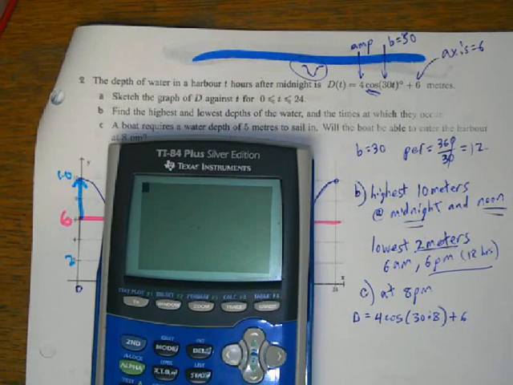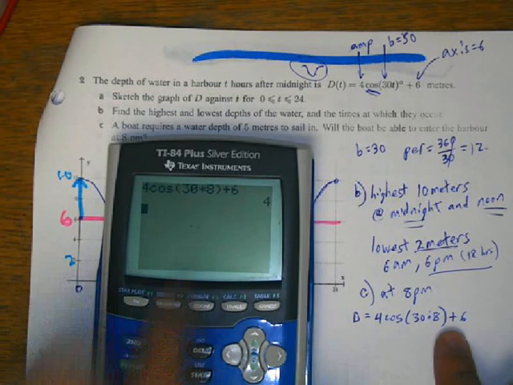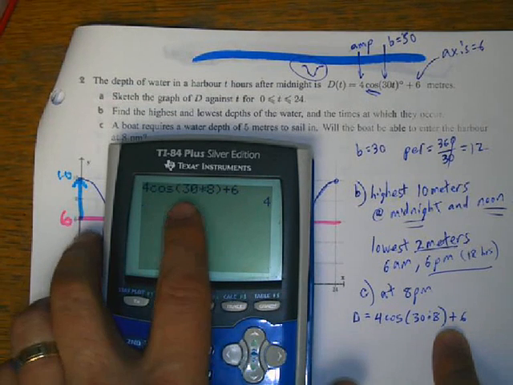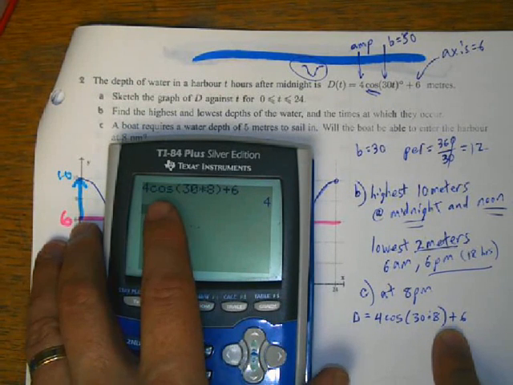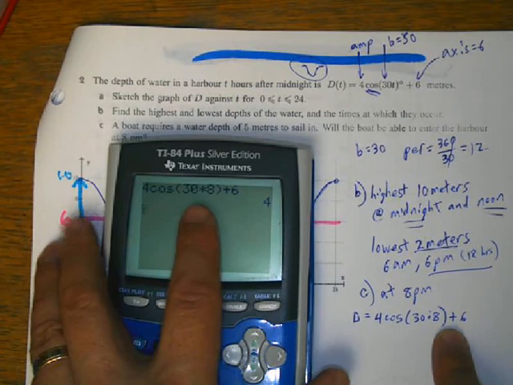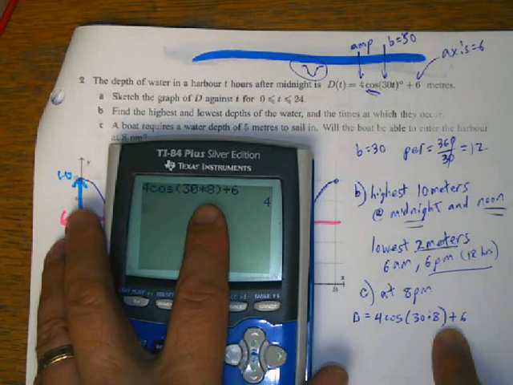Okay, so 4 cosine 30 times 8, close parentheses, plus 6. And then we get 4. Wait, it shouldn't be 8.